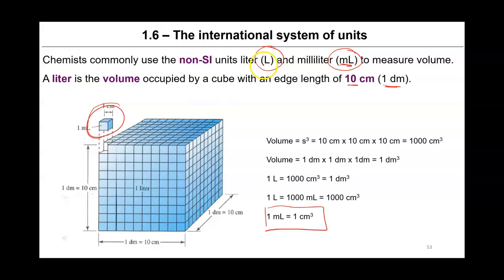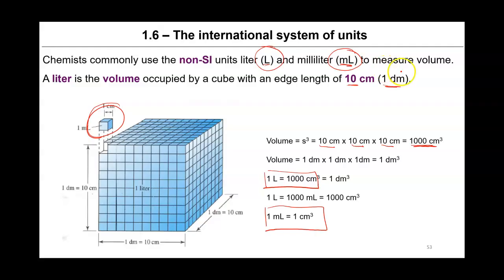So if a liter is the volume of a cube that has 10 centimeter edges, let's think about that in centimeters cubed. 10 centimeters times 10 centimeters times 10 centimeters equals 1,000 centimeters cubed. So 1 liter is the same as 1,000 centimeters cubed.